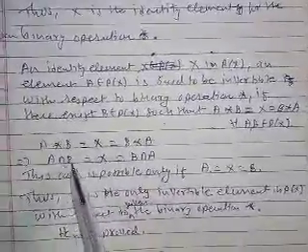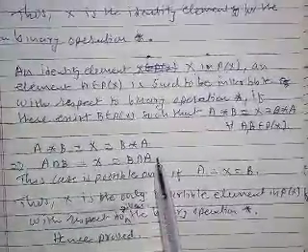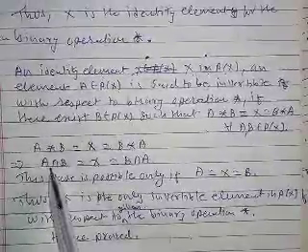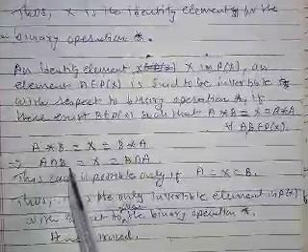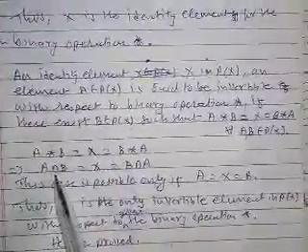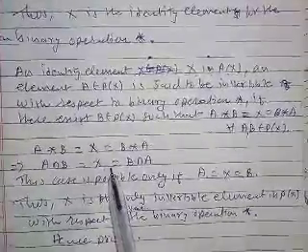This can only be possible when A and B are equal. A and B will be equal to X. So this can only be possible if A is equal to B, and both A and B equal X. What it implies is A is equal to X and B is equal to X.